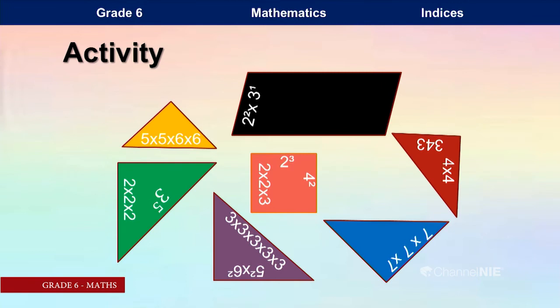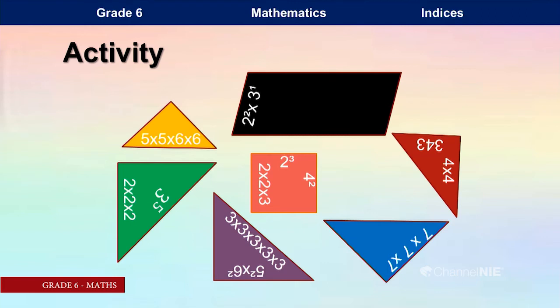Then find another side similar to this product. How many threes are there? Can you guess? It is in which triangle? You can see how many threes are there? 1, 2, 3, 4, 5. Then how to write this in index notation? You can write it using 3 and 5, that is in the green colored triangle. Then you can connect it to the other side of that purple triangle.